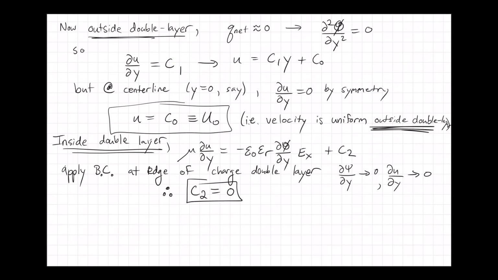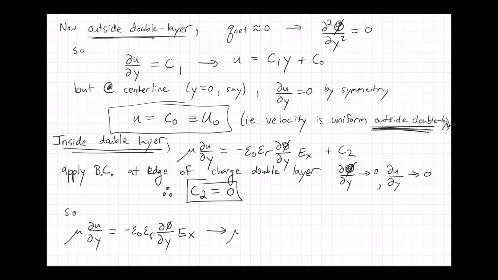And similarly, we know that outside the charge double layer, the velocity profile is a constant. So that means that both of the slopes of the velocity and the potential are zero there, which means that C2, the unknown constant of integration, also has to be zero.